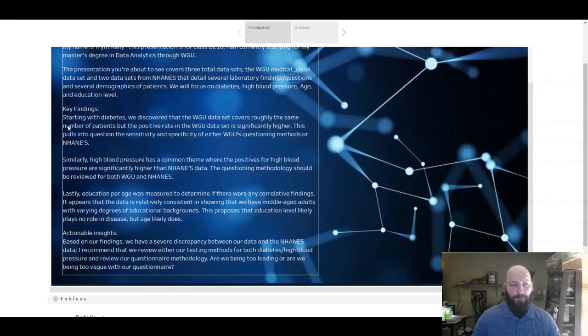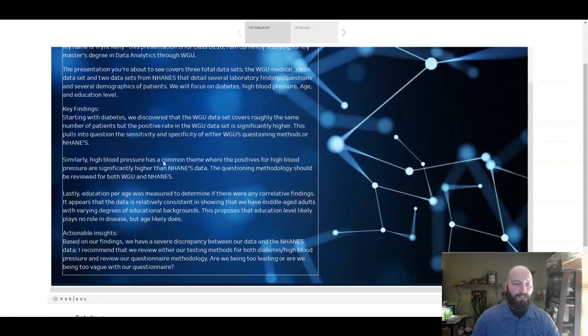And when I pulled in the data and started looking at the high blood pressure, it was also similar, we had an extremely high number of positive rates comparatively to the National Health Institute. This has me concerned that the data integrity might not be present.